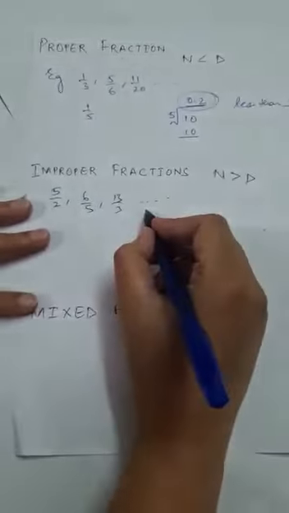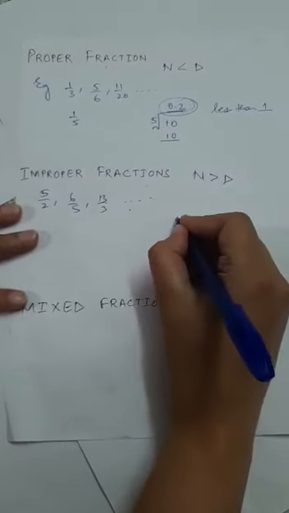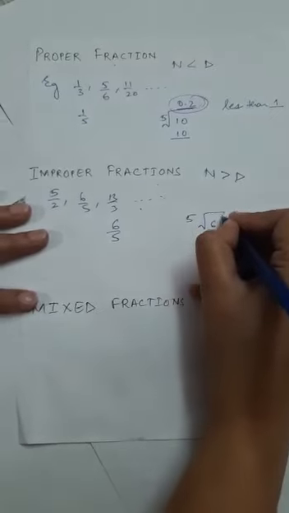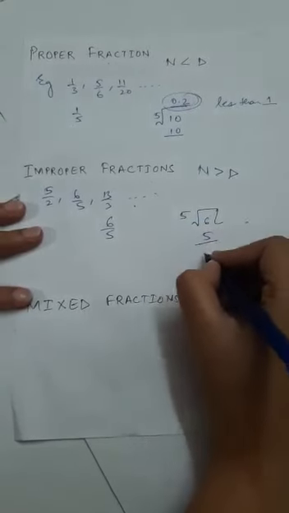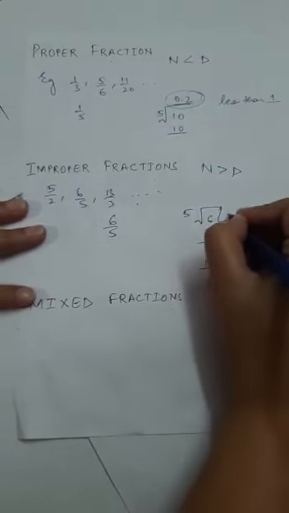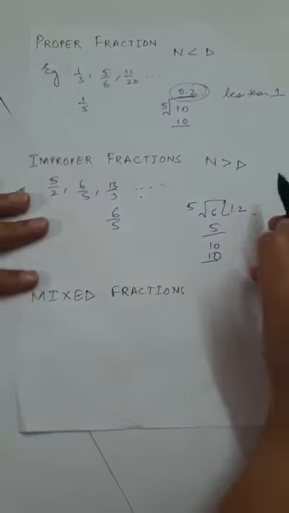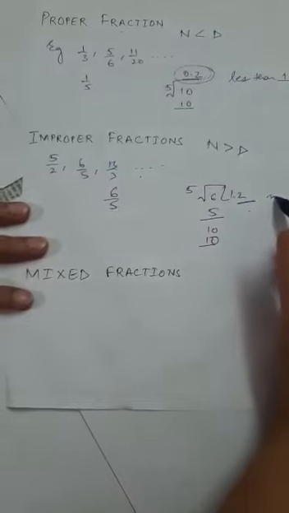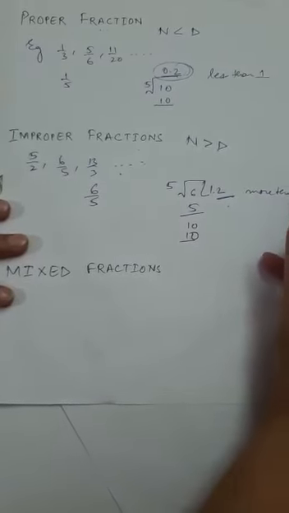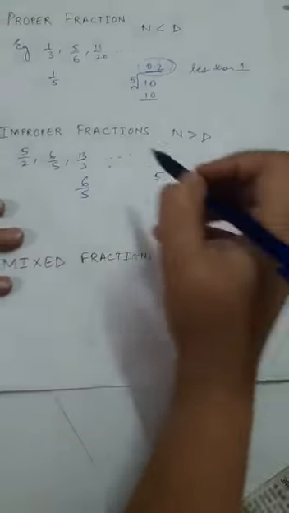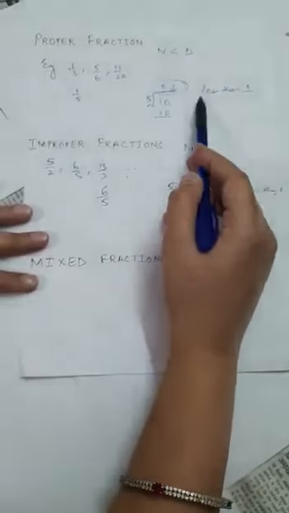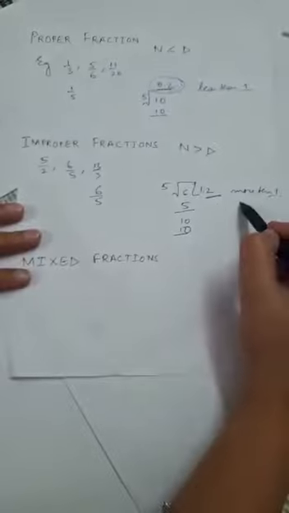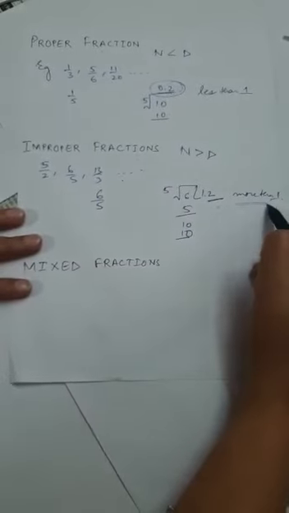But in the case of an improper fraction, when you are going to perform the division like this, then your answer will be more than 1. So, in the case of a proper fraction, your answer will always be less than 1. In the case of an improper fraction, your answer will always be more than 1.